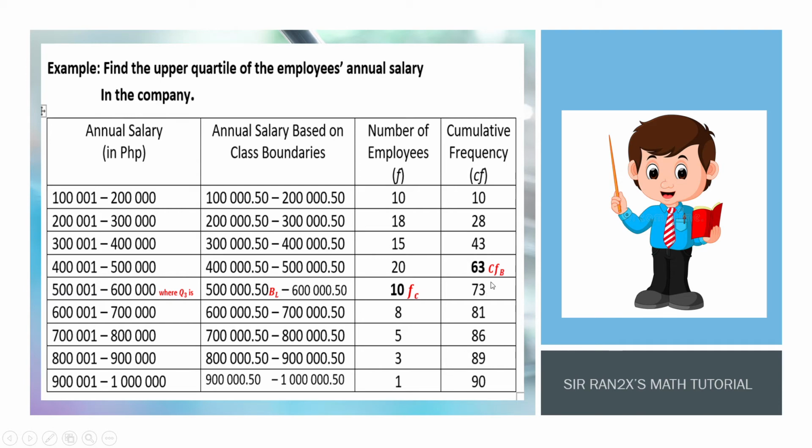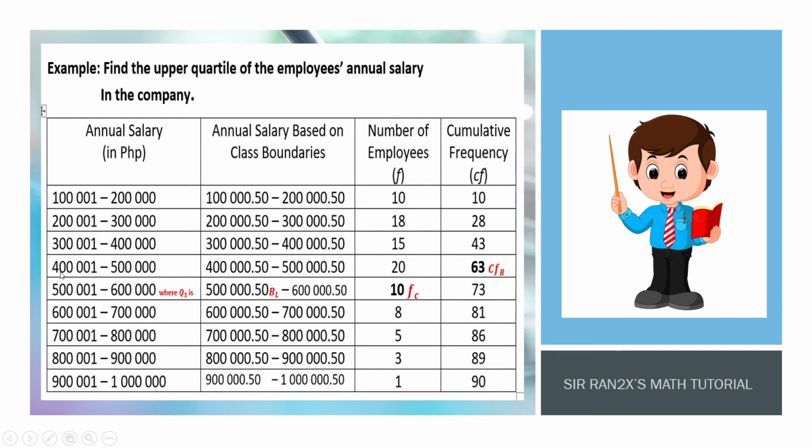Okay, and then what is the 63? Remember, in the formula we have CF sub B, the cumulative frequency of the class before, the class that precedes the Q3 class interval. So where is the class before?